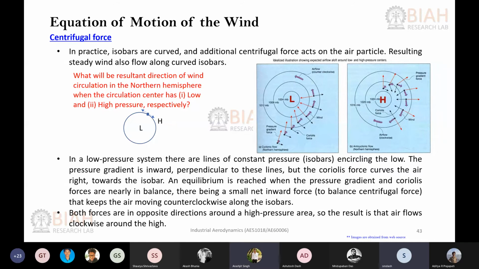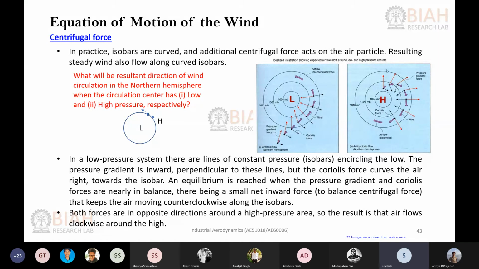Okay. The same thing is also applicable for the high pressure. When you have a high pressure at the center and low pressure outside, it will be exactly the opposite. You know that the pressure gradient will act in this direction, and your Coriolis force will act perpendicular to it, in the northern hemisphere along this way, and because of the force balance it will create this clockwise sense.